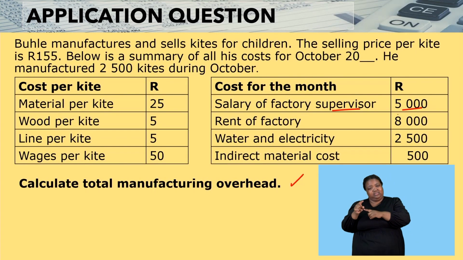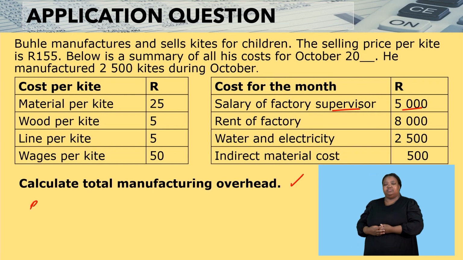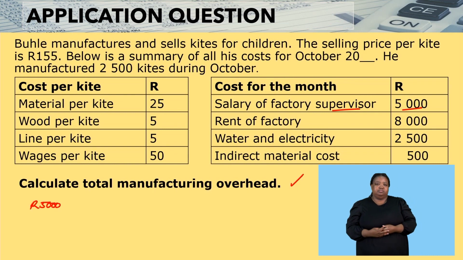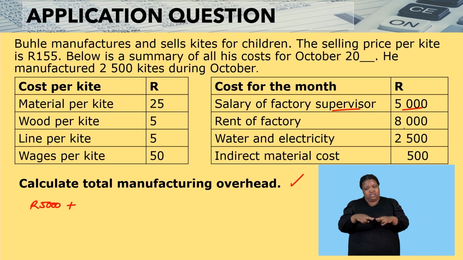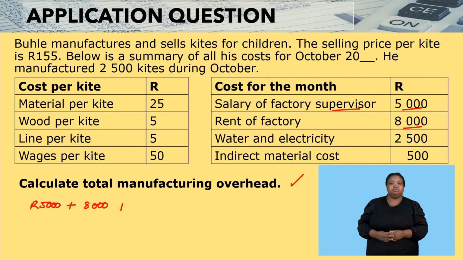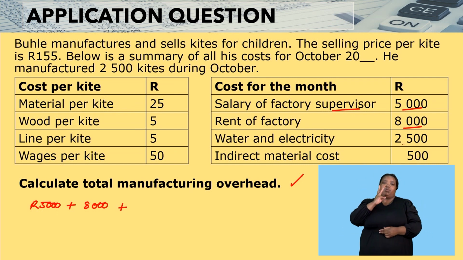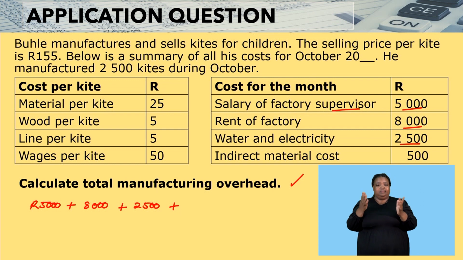So we'll take the 5,000 here, plus the rent, which is 8,000, plus the water and electricity, 2,500, plus the indirect material cost, that is the 500.